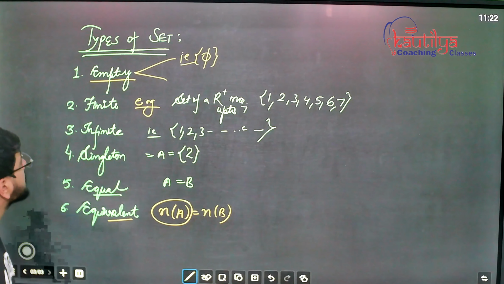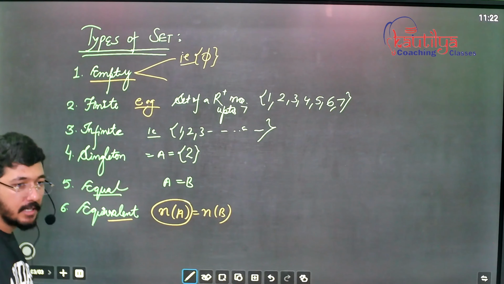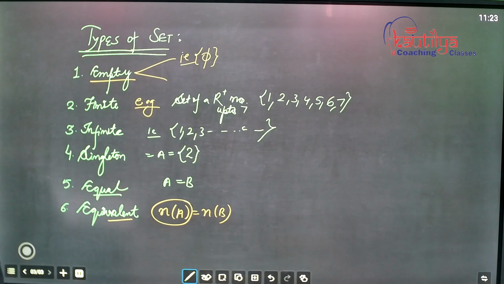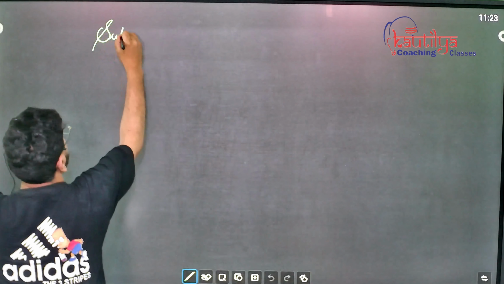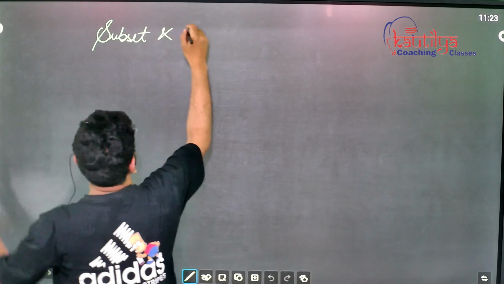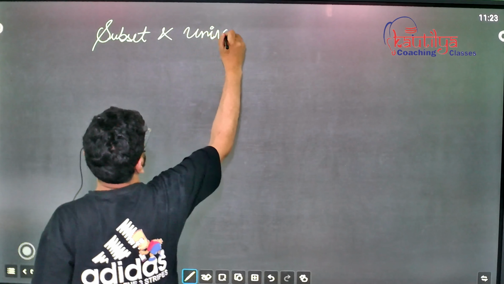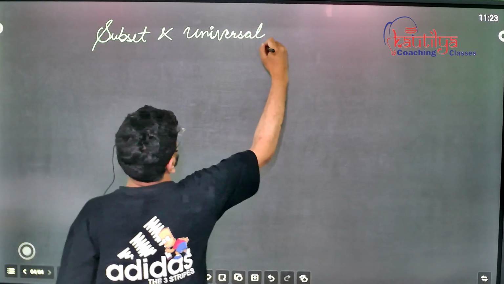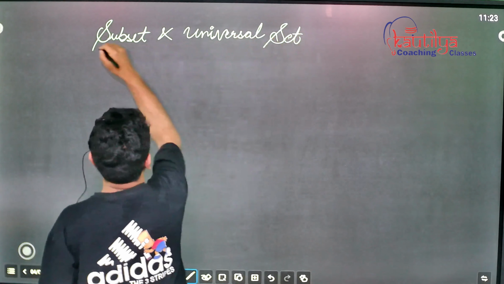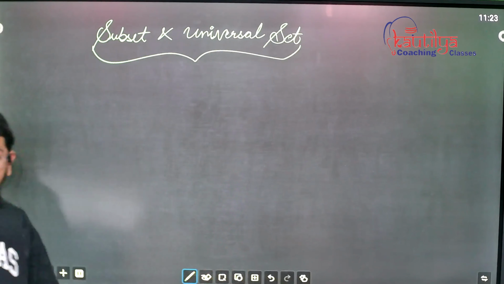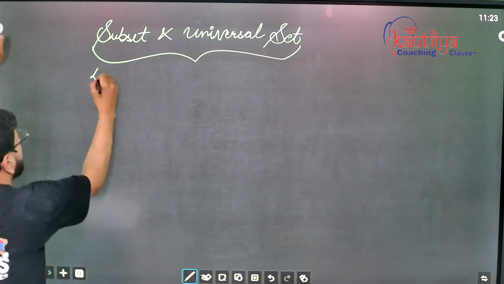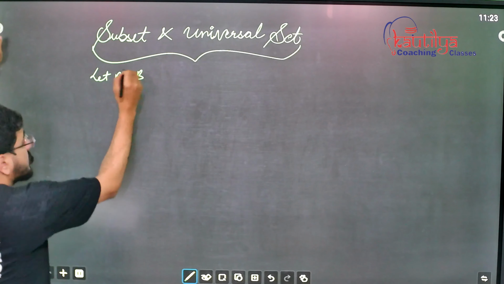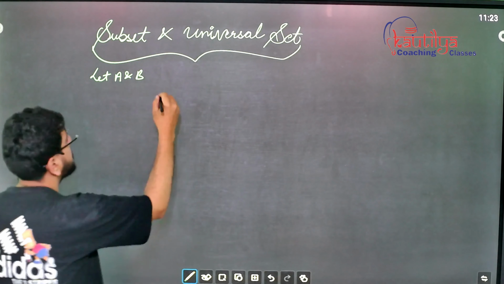Now moving with the subset and universal set. Subset: let A and B be two sets.